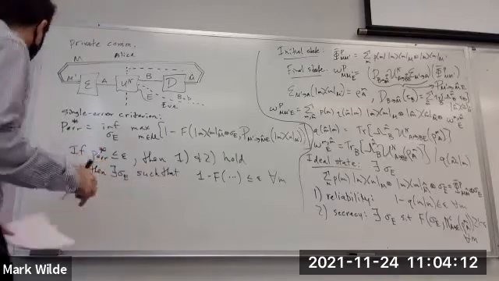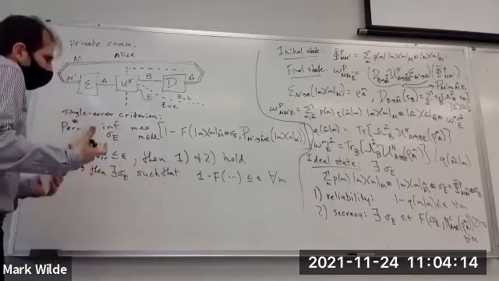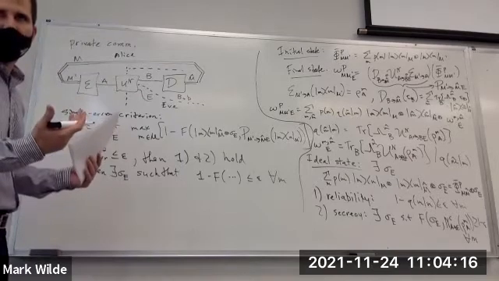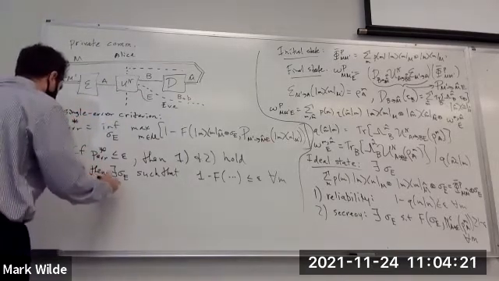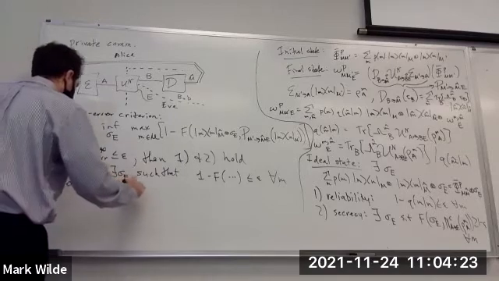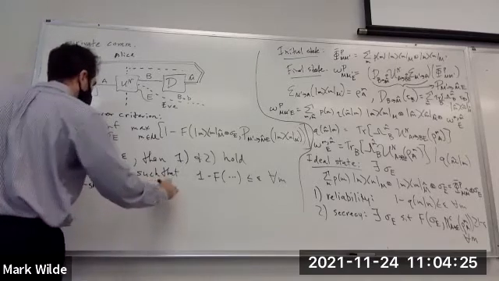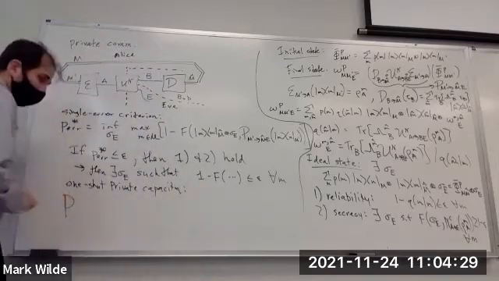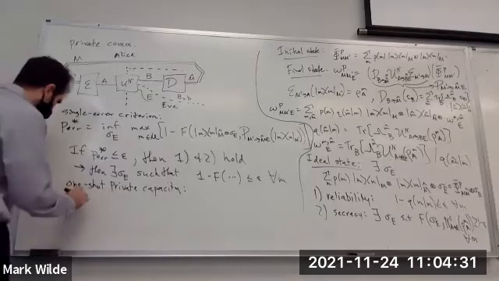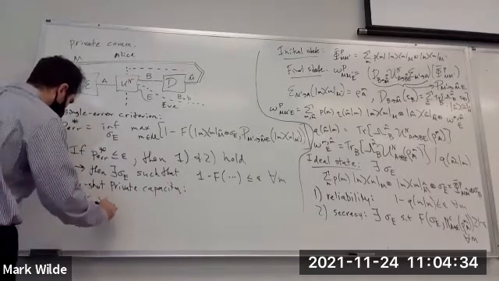Okay, so that's the setup. What is the one-shot private capacity? This has the same definition as we've had throughout. So the one-shot private capacity, well, now we'll use the letter P for private capacity, a function of epsilon and of the channel.